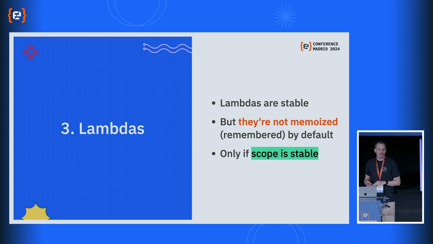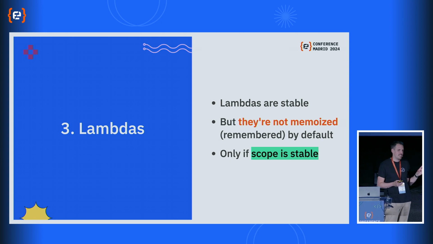I mentioned before that the lambdas had an issue, not because they are not stable, but because of this other thing. Lambdas are stable by default, as we saw, but they are not memoized or remembered by default. What does it mean? We'll see it in an example later, because I think it's easier to understand.